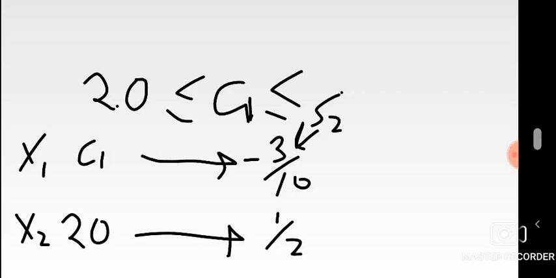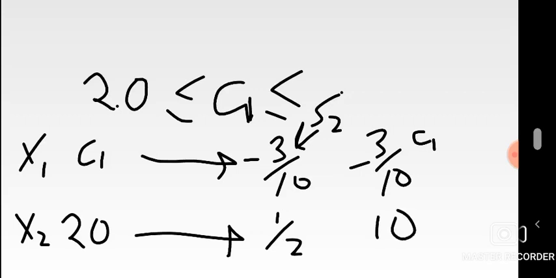What is C1 times 3 over 10? Isn't this just going to be negative? Okay, let's just say negative 3 multiplied by C1. Let me just write that well. 3 over 10 C1. The next one, what is 20 times half? That's 10, right? Okay, here at this stage, what next?